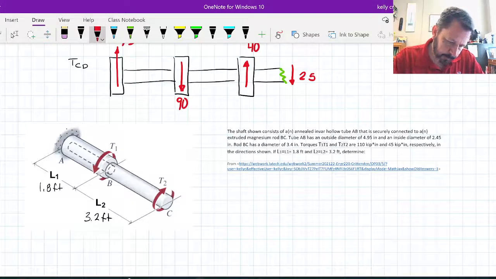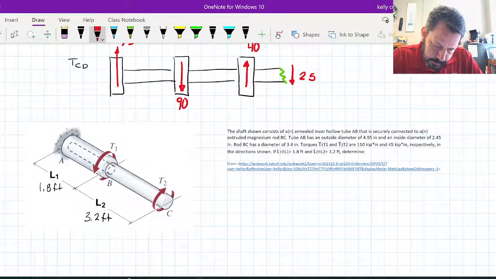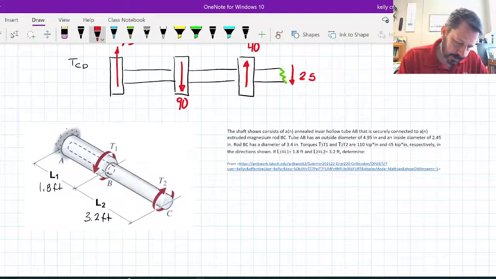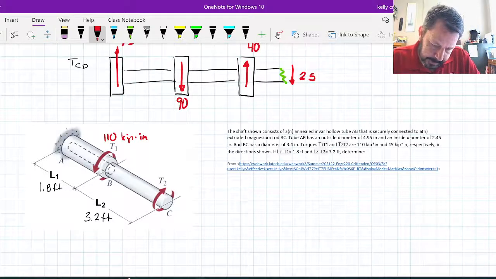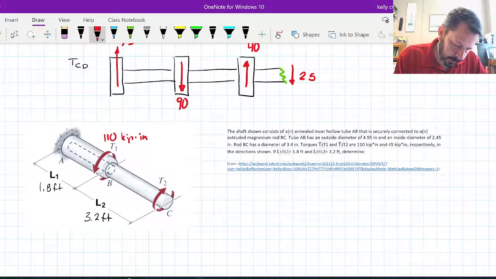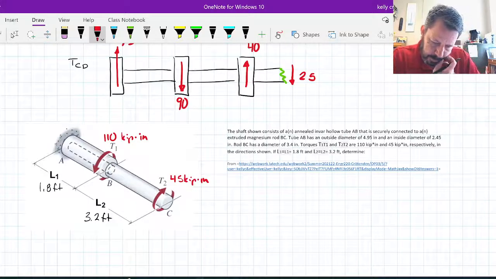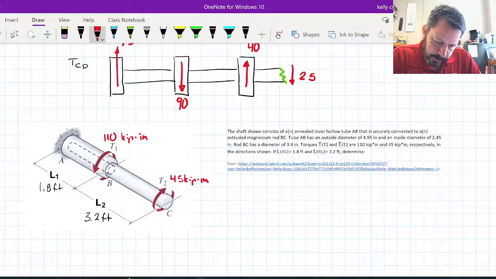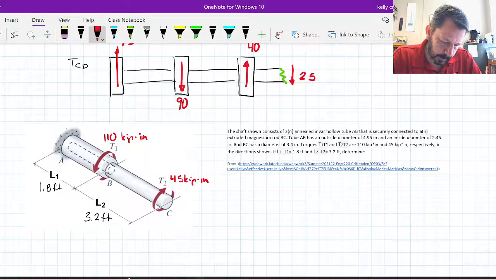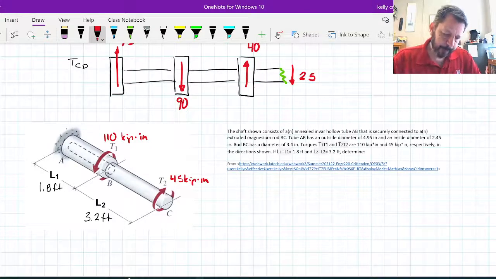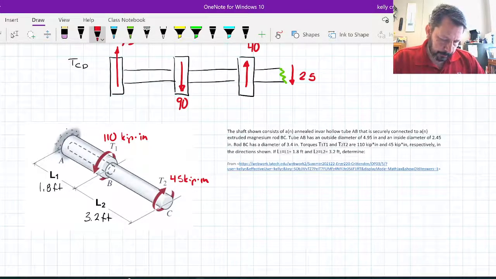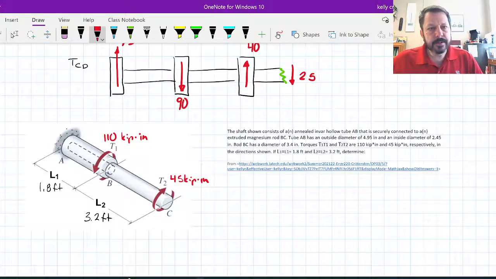T1 is 110 kip inches, and T2 is 45 going the opposite direction. Then we've got these 2 different materials, ENGR and magnesium.